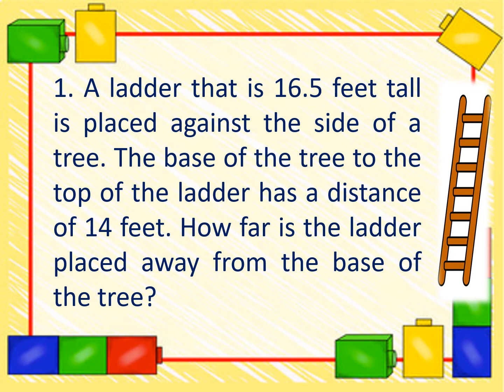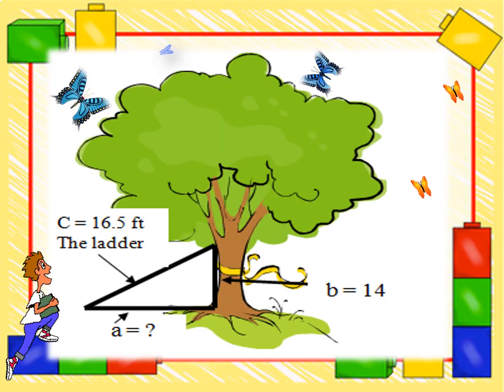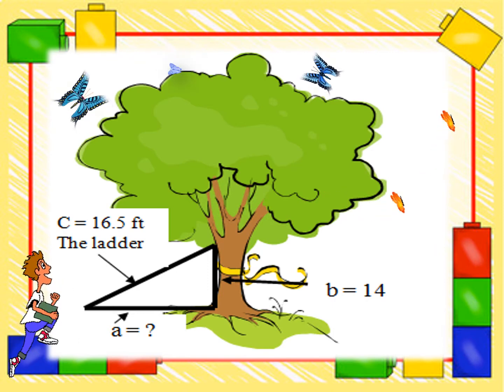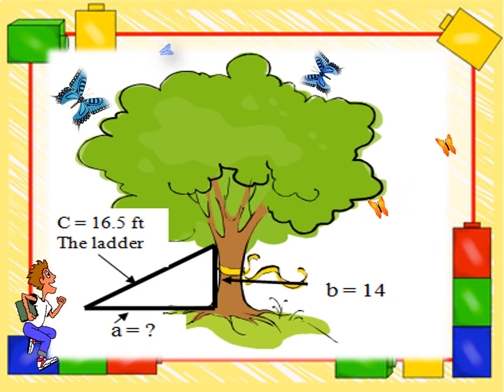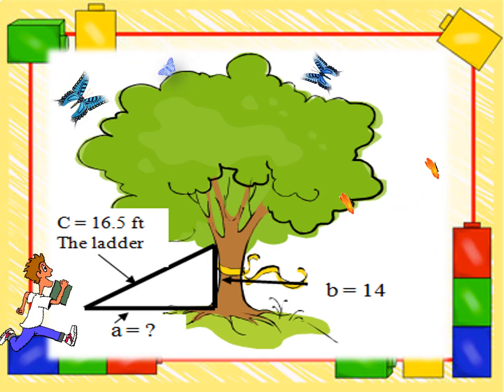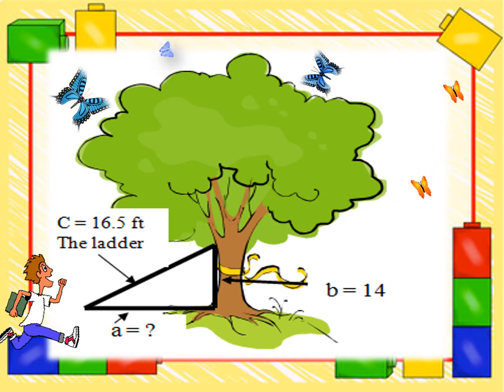Alright, let's find out what are the given. We have 16.5 feet and 14 feet. Find out how far is the ladder placed away from the base of the tree. To understand the problem clearly, we have the tree and the ladder is 16.5 feet.